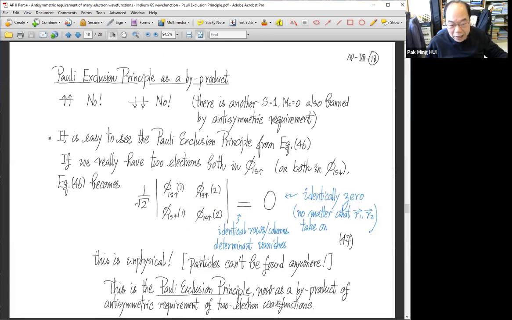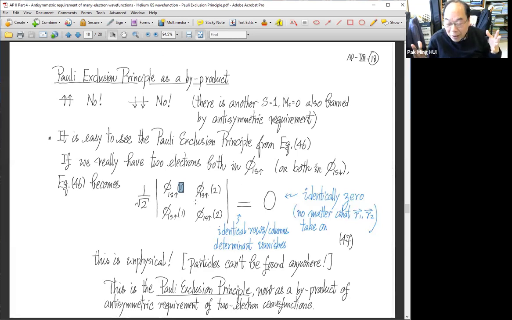Now I put the 2 electrons both in these 2 states. My determinant will be something like this. You write it out, this minus that, this is identically 0. What I mean by identically 0 is that it is 0, no matter what the coordinates, the actual places of these 2 electrons, are. They become irrelevant. It is 0 always. But when the wave function is 0 always, your 2 particles disappeared.